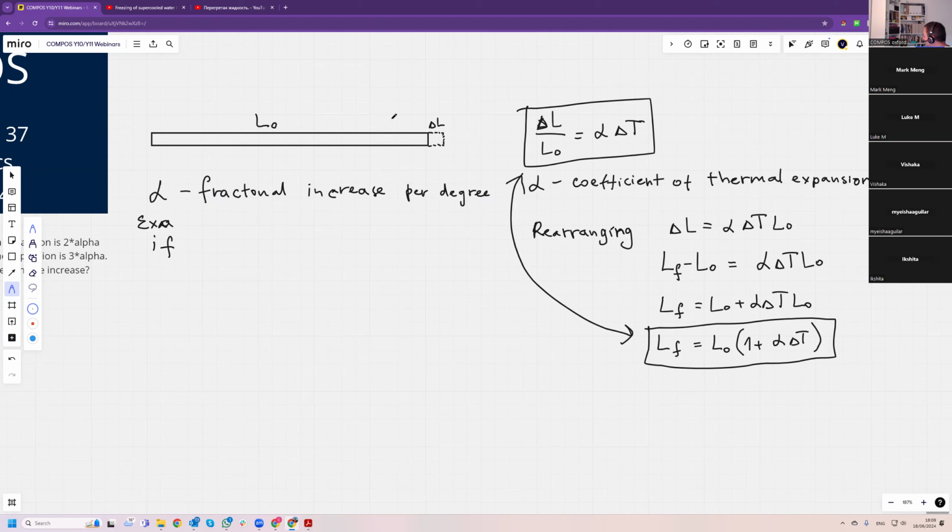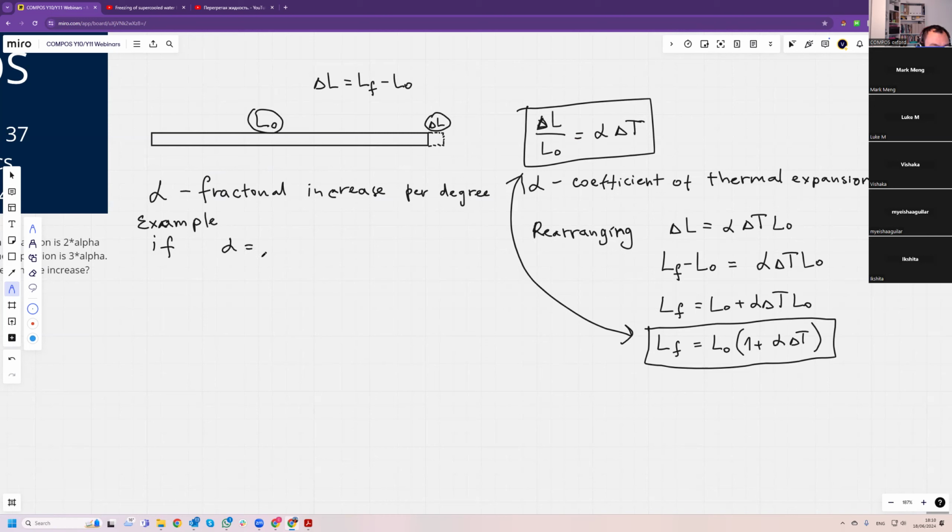Let's say you have a ruler and you heat that ruler, it will become longer. L0 is the original length of the ruler. Delta L is the change of length, and we know that delta L is the final length minus the initial length.